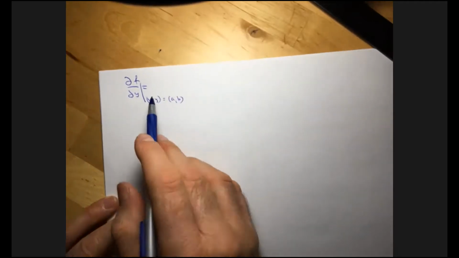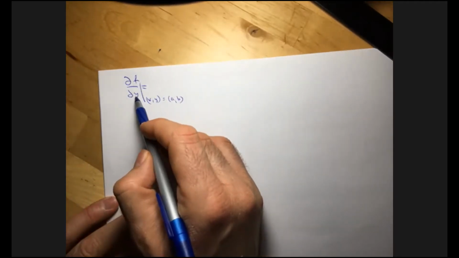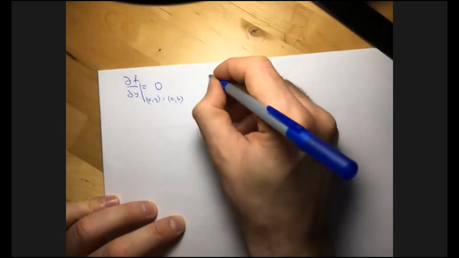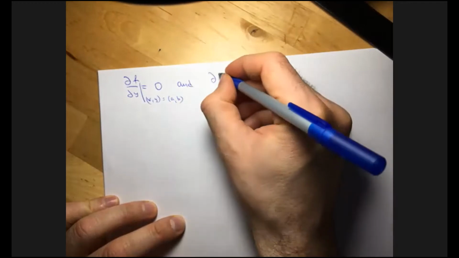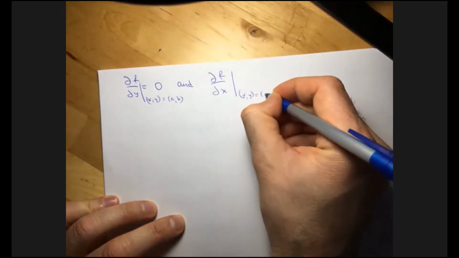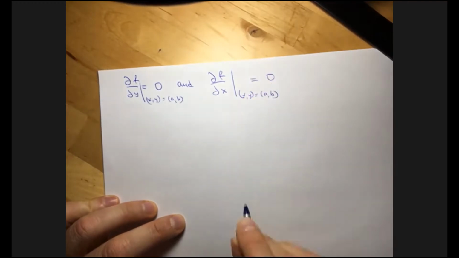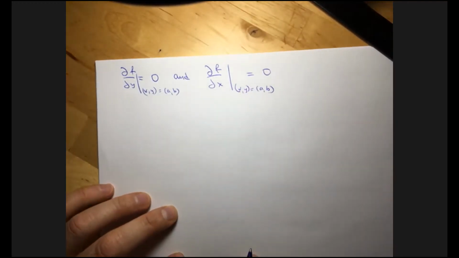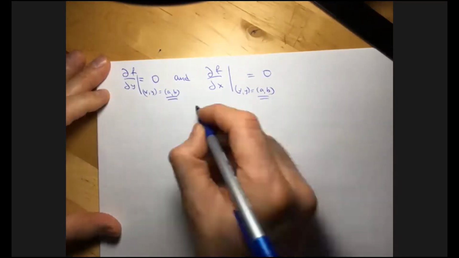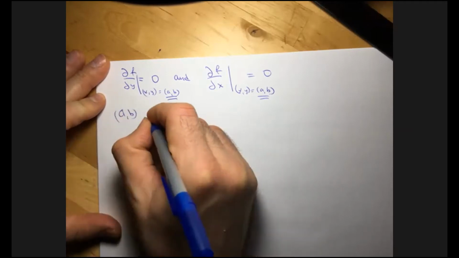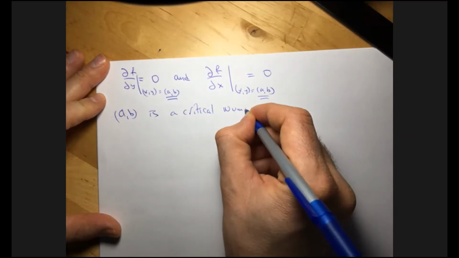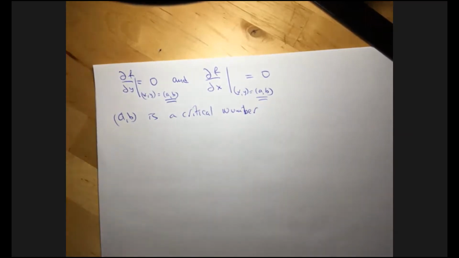I don't need only the partial derivative with respect to y to be 0, but because we talk about planes, I also need partial f, partial x evaluated at the point to be 0. This is how we prove that AB is a critical number or critical point.